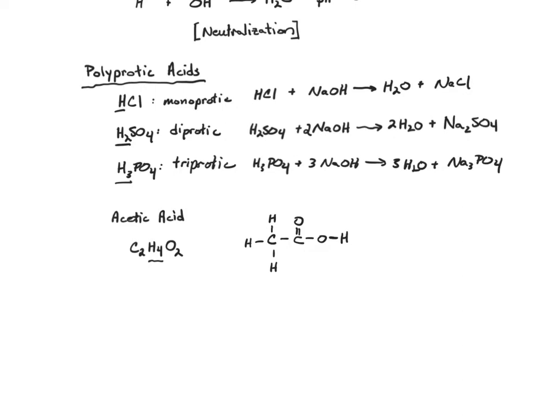Now, the theoretical basis for why some are acidic and some are not is a conversation that we would have in organic chemistry. But for our purposes, you're just going to have to take my word for it that of the 4 protons, only that one is going to be acidic. And for that reason, despite having 4 protons, acetic acid is still a monoprotic acid.